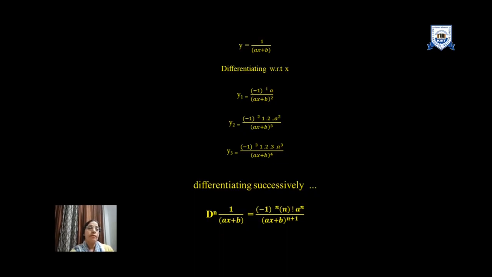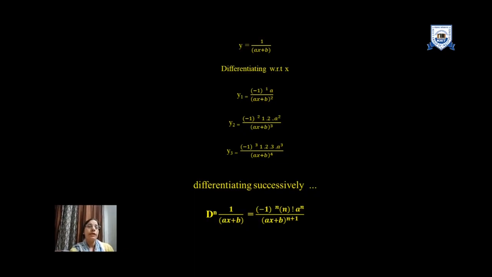Let y equals 1 upon ax plus b. In the denominator we have a polynomial of first degree. This will help you to solve problems if you have quadratic, biquadratic or cubic expressions in the denominator. So we are proving this as a formula for y equals 1 upon ax plus b.